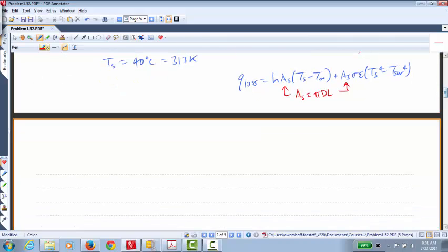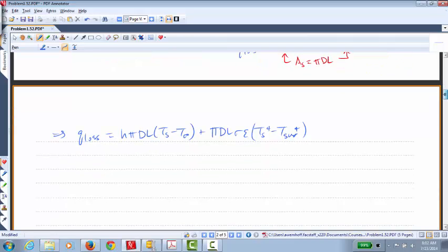So what we get then is Q loss is h pi D L (Ts minus T infinity) plus pi D L sigma epsilon (Ts to the fourth minus T surroundings to the fourth). So this is the answer in terms of parameters.